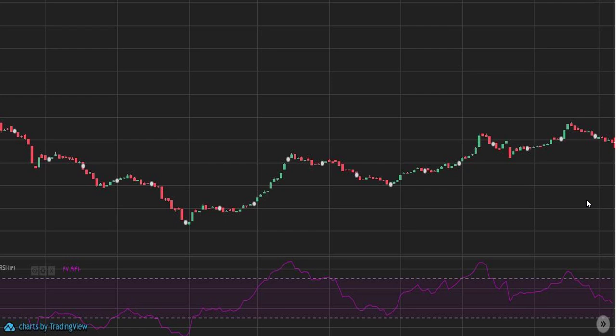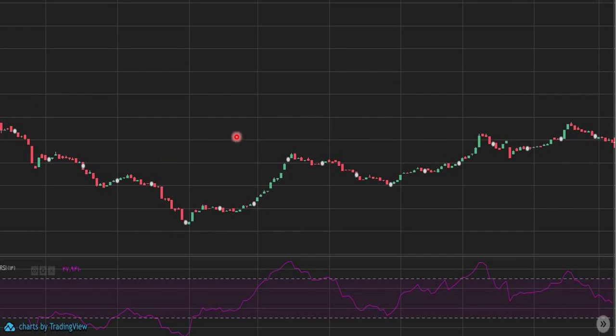I don't know, call it a range trend, or call it an upward trend here, a downward trend here, or divide this movement into a downward trend here and an upward trend here.